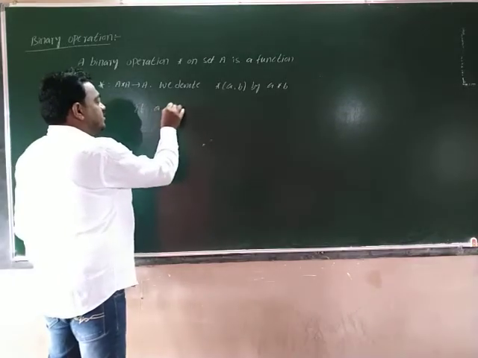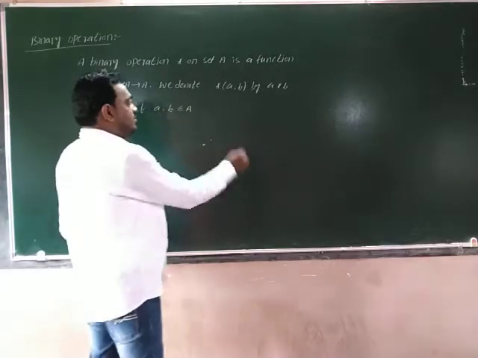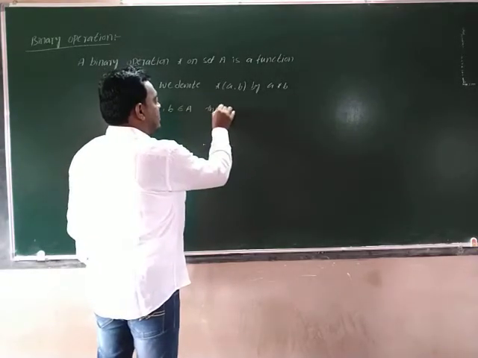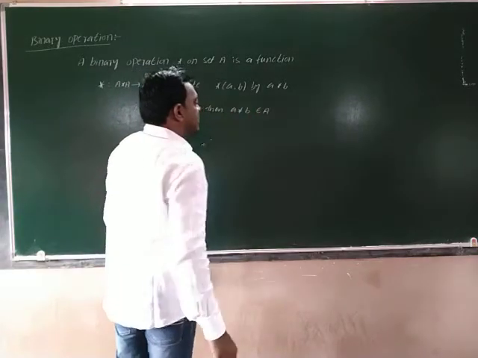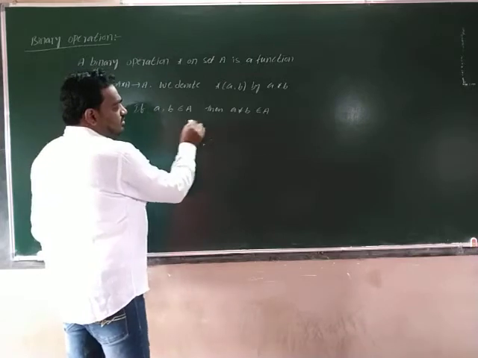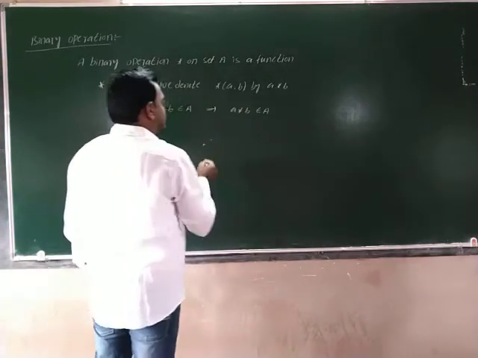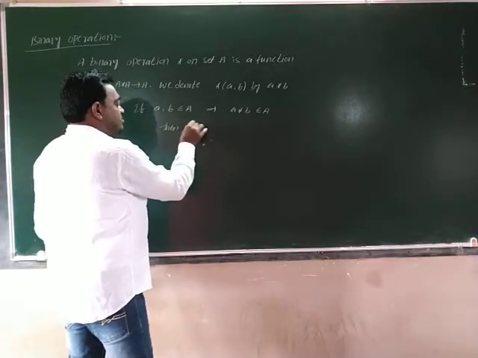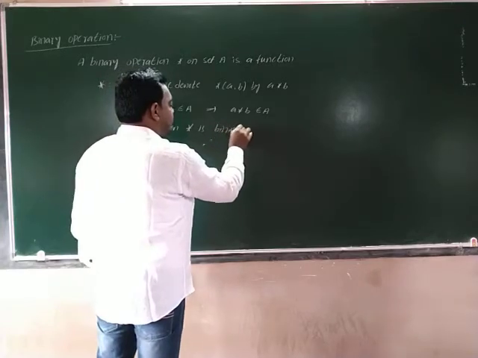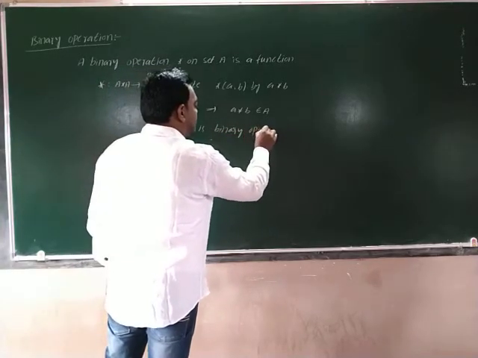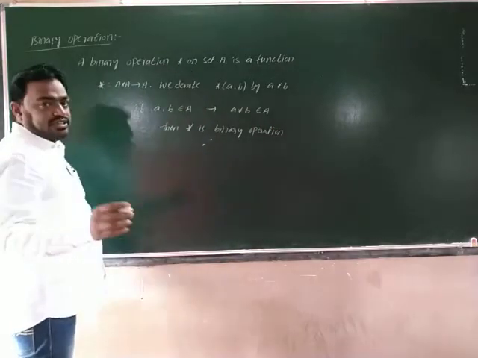If a comma b belongs to A, and a star b belongs to A, then star is a binary operation. Simple. By example, you will easily understand.